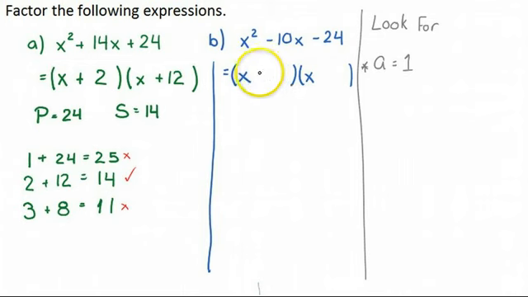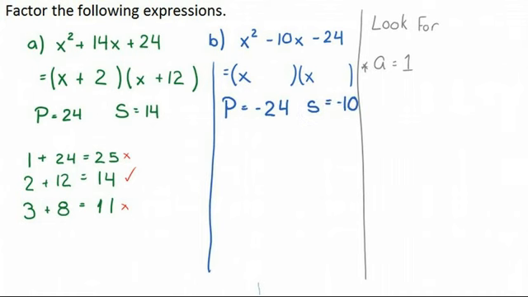But the next question is, well, I don't know if this is going to be x plus something, x plus something, could be x minus something and x minus something, could be x plus something times x minus something. And the answer is in the sign of your product and your sum. So if we look here, our product is negative 24, and our sum is negative 10.